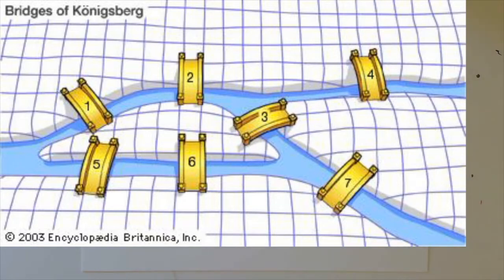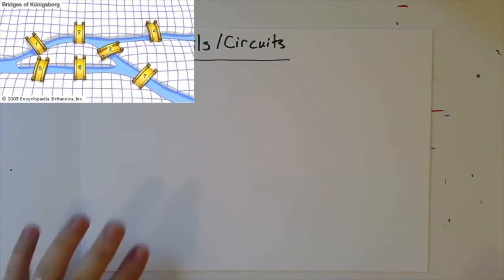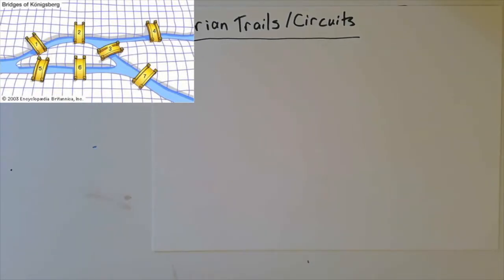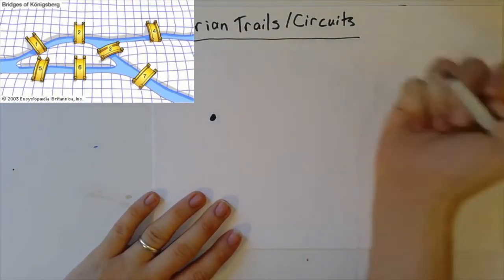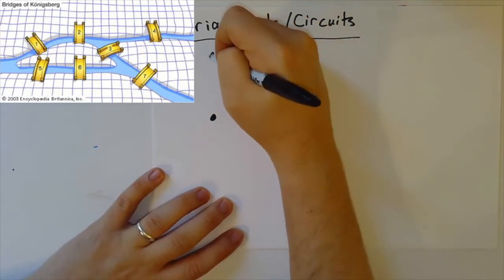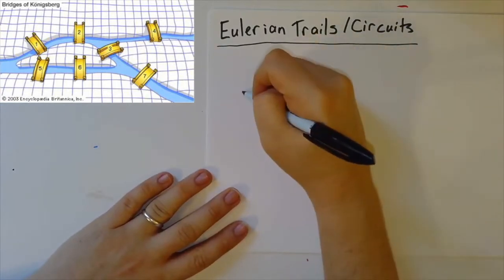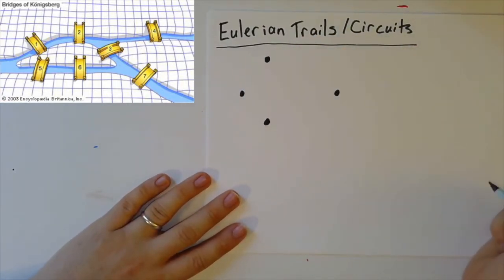But not so secretly, I can interpret this question as a graph theory question by redrawing a graph that I can associate to this picture. Namely, I'm going to put a vertex at each landmass. So there is a southern vertex, a northern vertex, then there's the middle one, and then there's the far one over here.